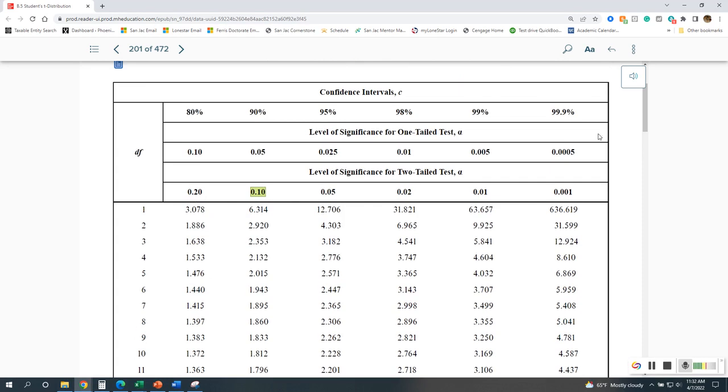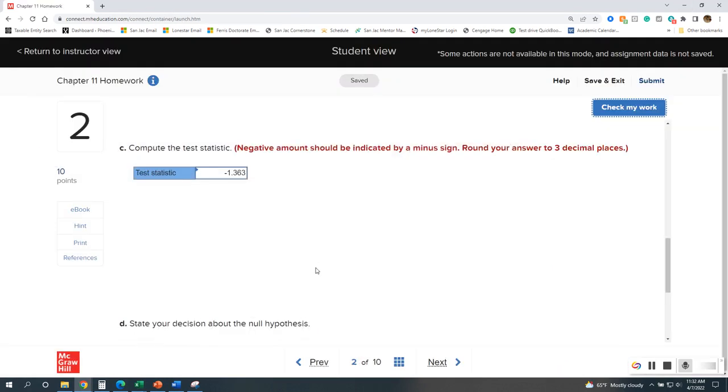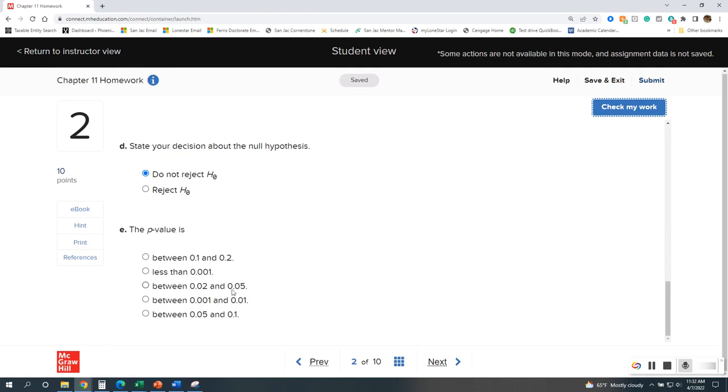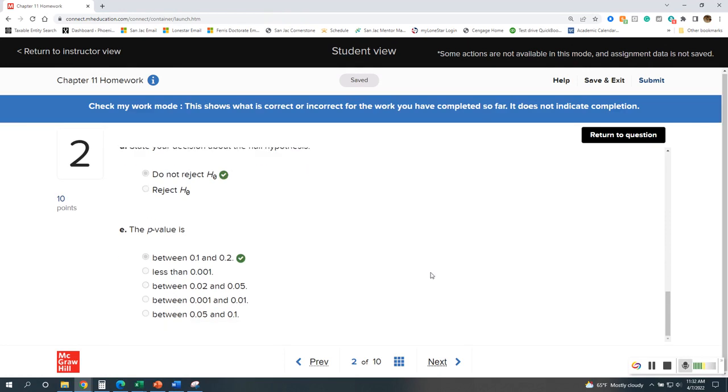So between 0.20 and 0.10. So right there between 0.10 and 0.20. Okay? And there we go. There's question 2. Now, again, it takes a little bit longer because we're setting up Excel. But let's see if now it's starting to repeat. Probably not yet, because we may have the equal, not equal, but we're going to find out.